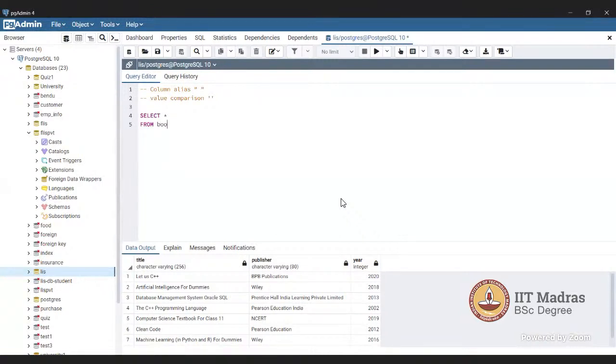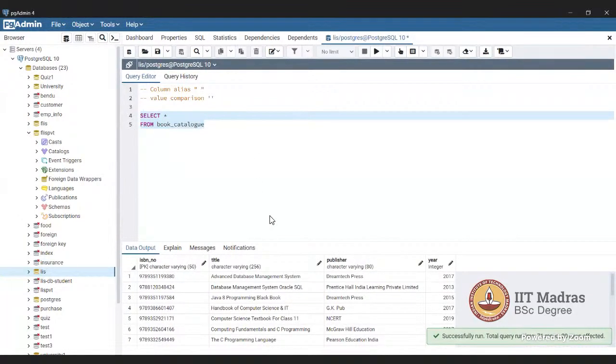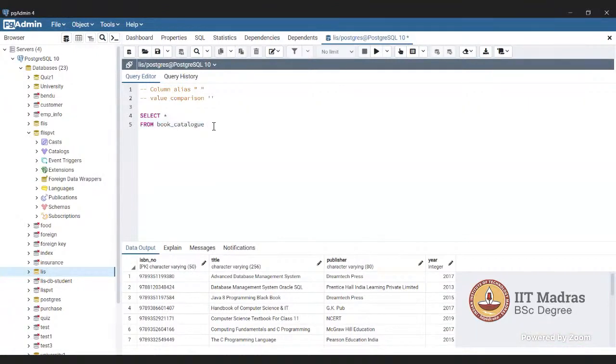From book catalog. Suppose I want to write this book catalog as just B, right?